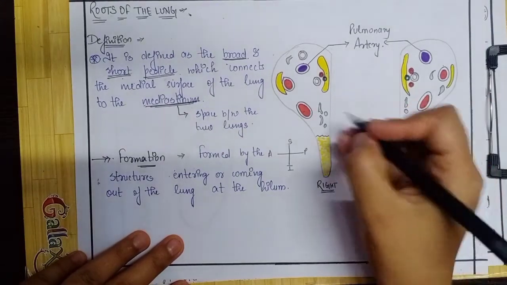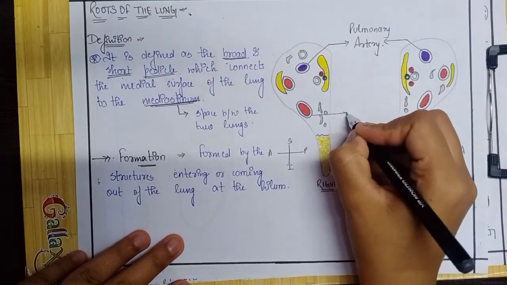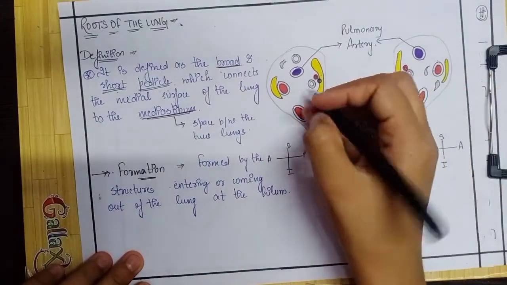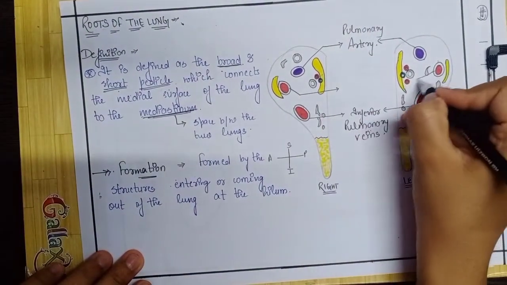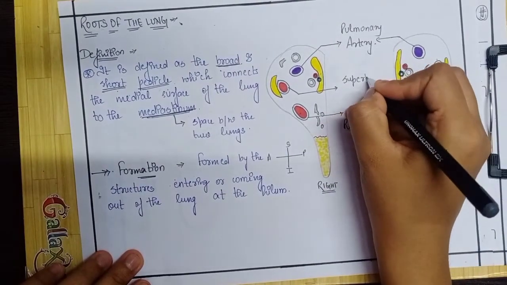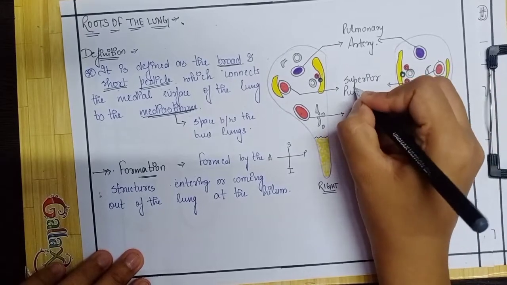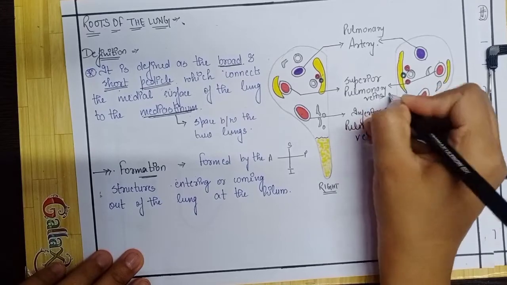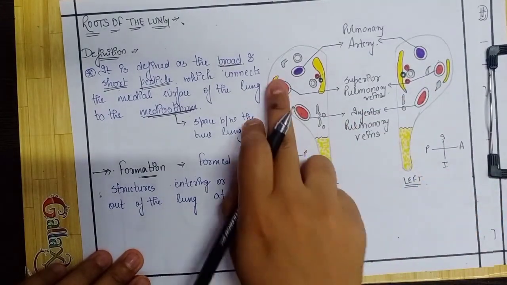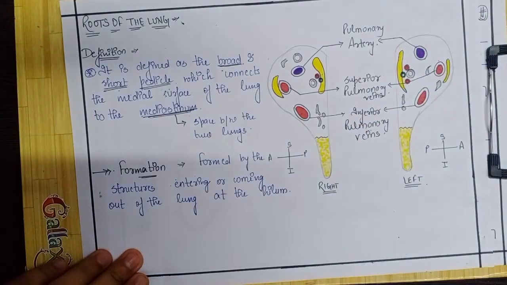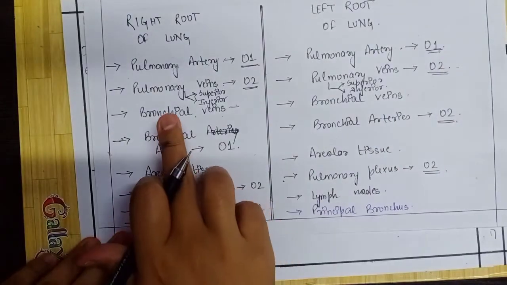I will mark them together again, this one and this one, and these are the superior and inferior pulmonary veins. So on each side we have a superior pulmonary vein and an inferior pulmonary vein, which we have marked. Next up we have the bronchial artery and bronchial veins.